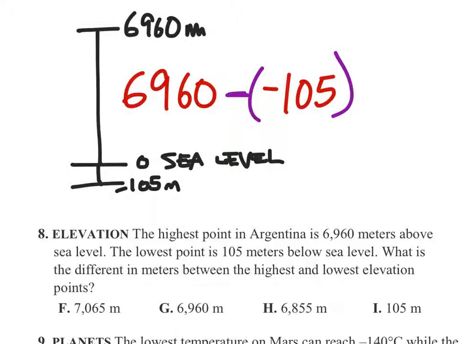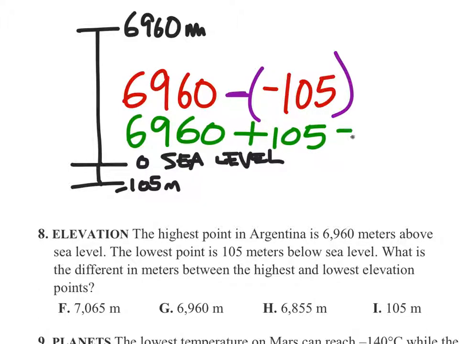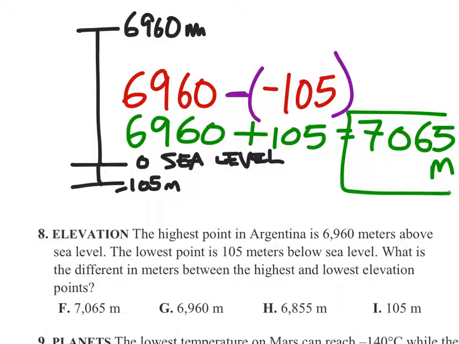That is why we add these two together, because this is the same as 6,960 plus 105, which would give us 7,065. But, well, this one's multiple choice. If it was open-ended, you'd have to label that in meters. So it looks like our answer is F.